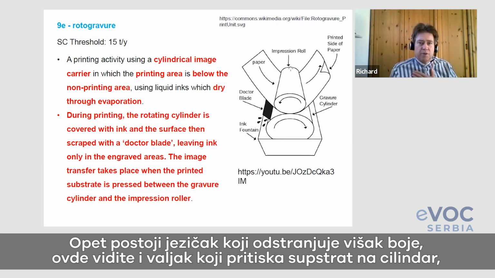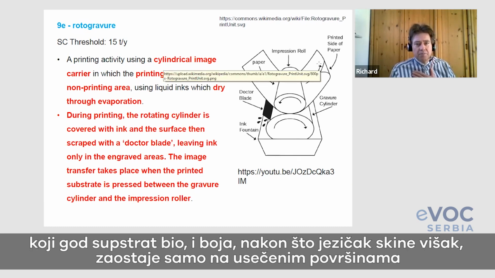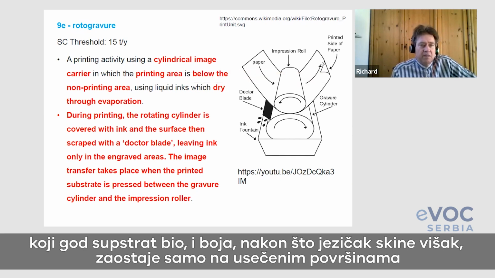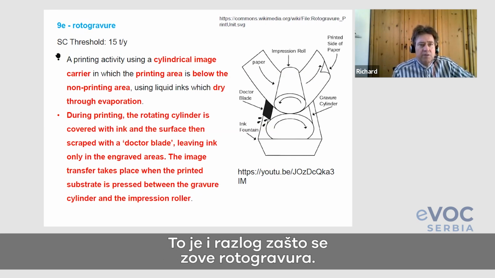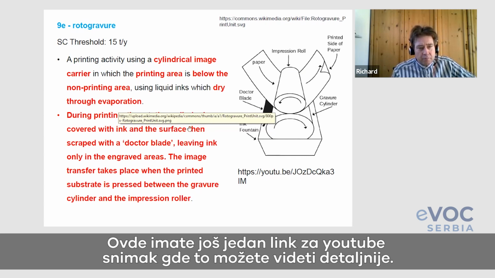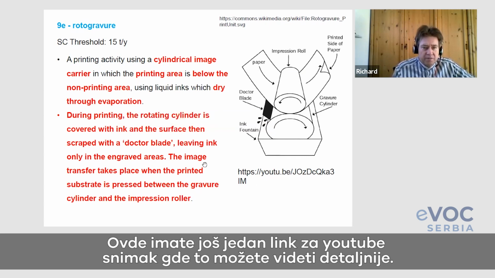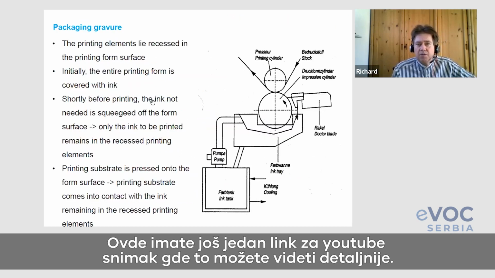And here the impression roll, the substrate, whatever it is. And the ink is here after the doctor blade only remaining on the engraved areas. That's the reason it's called rotogravure.